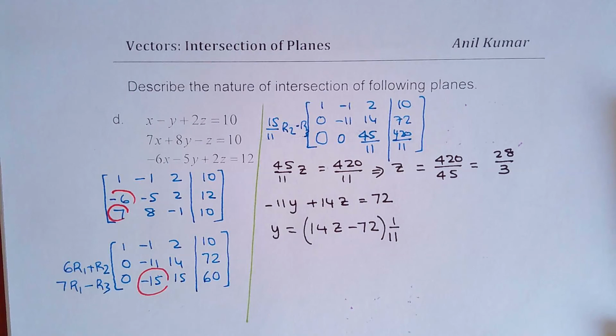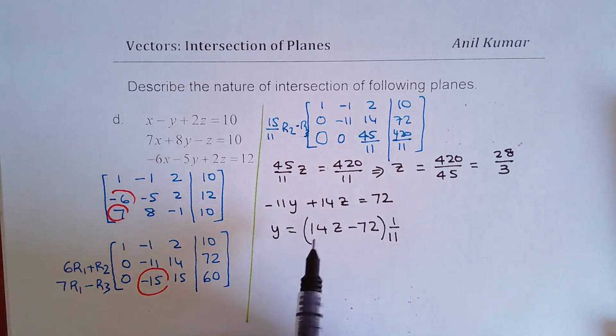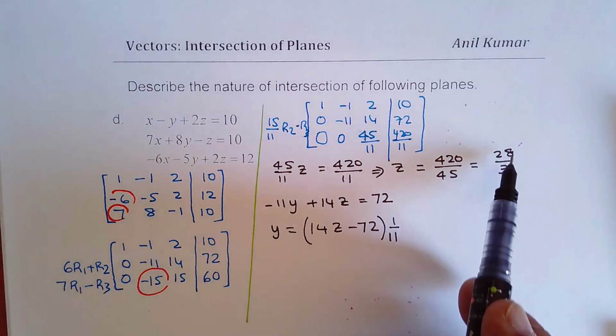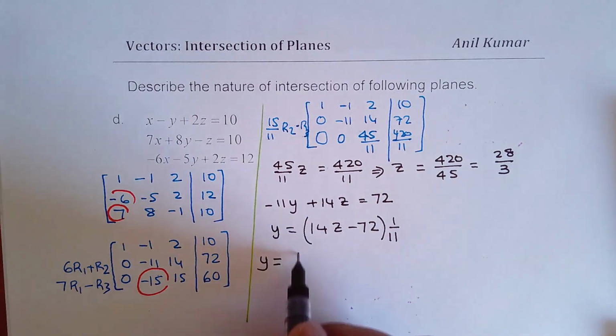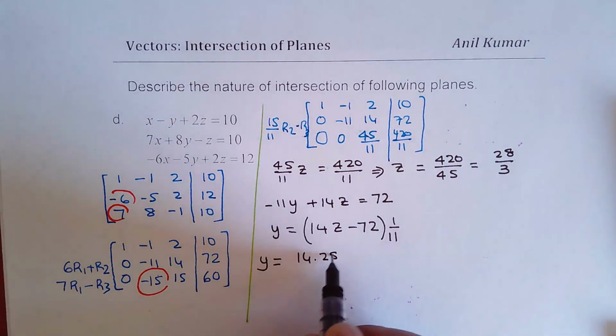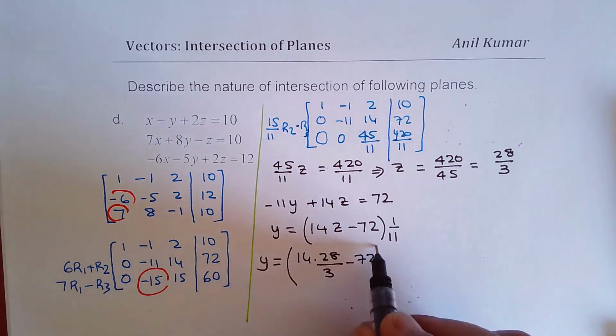Perfect. Now substituting the value of z as 28 over 3, we get y equal to 14 times 28 over 3 minus 72 and all this divided by 11.